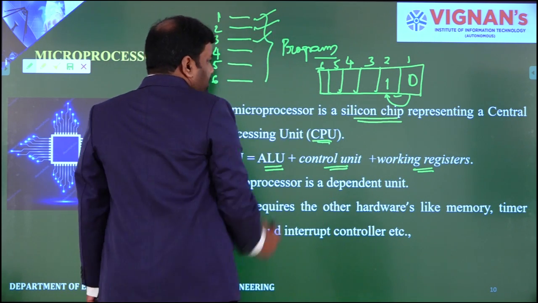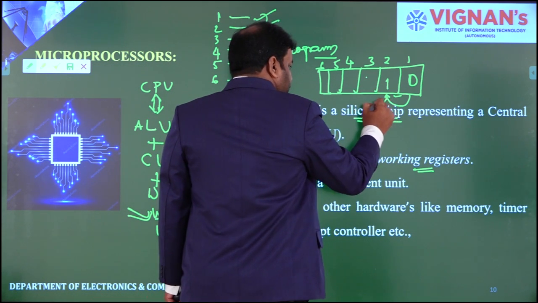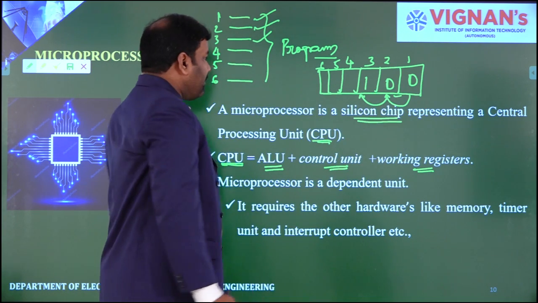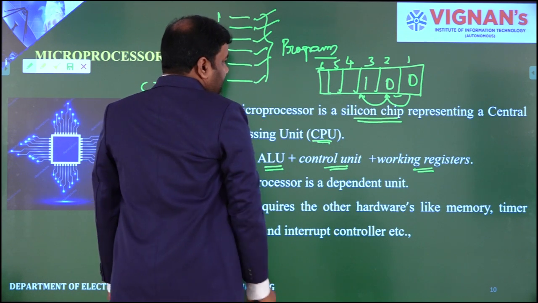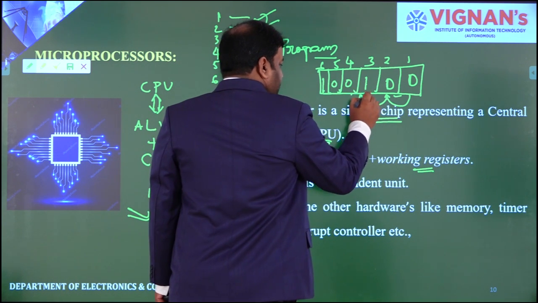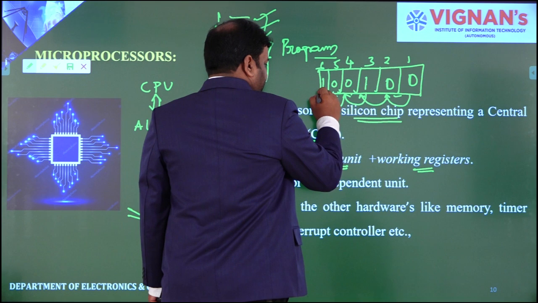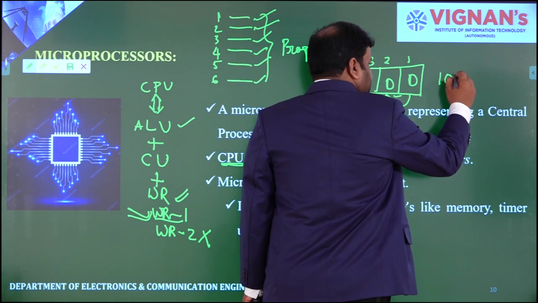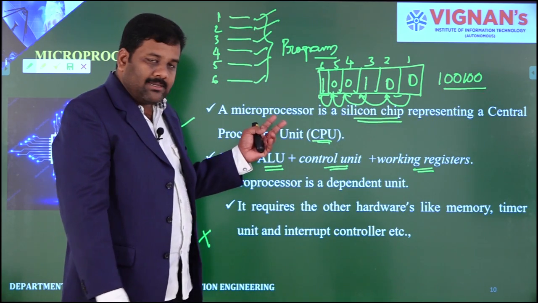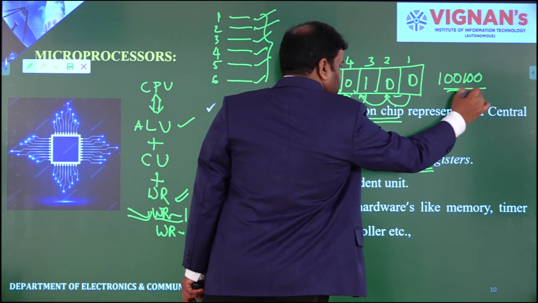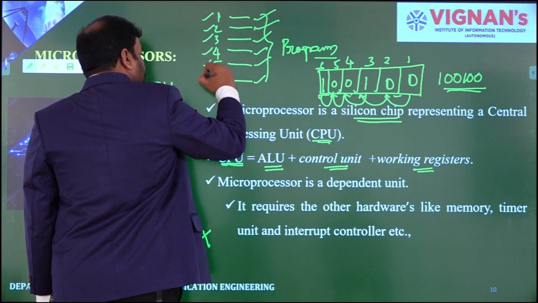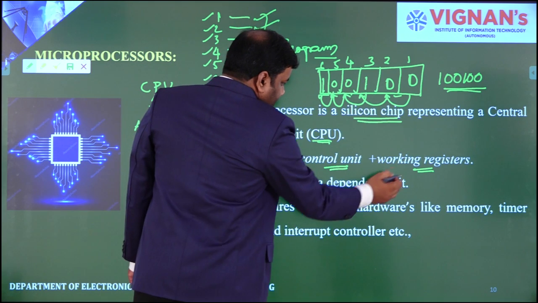Once the third statement is executed, the value is shifted again, and so on for statements 5 and 6. So now my register consists of values like this. This particular program's entire output is this. That means each and every statement's input and output has to be stored in working registers.